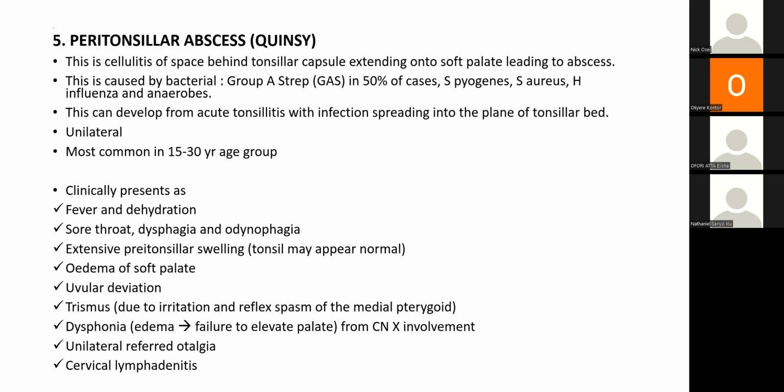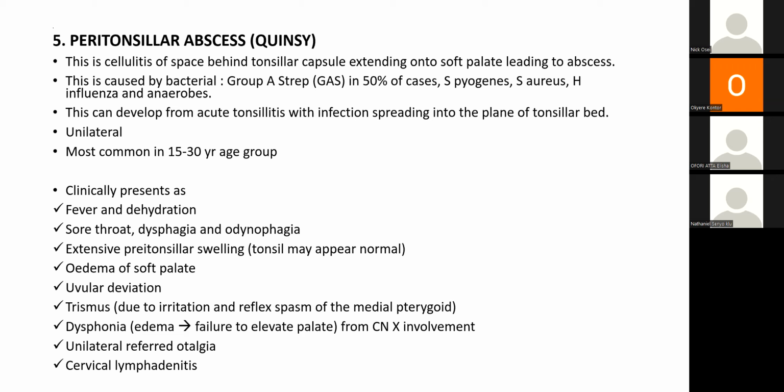Typical acute tonsillitis usually affects children less than 9 or 10 years old. But a peritonsillar abscess, also known as a quinsy, is usually found among the 15 to 30-year age group. They usually present the same symptoms as acute tonsillitis.